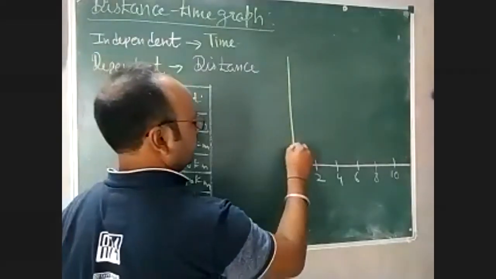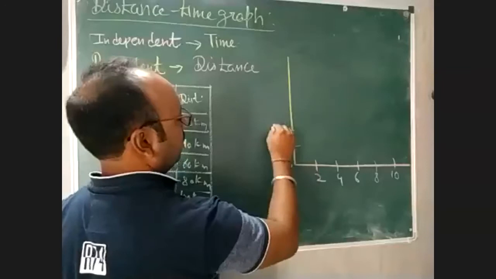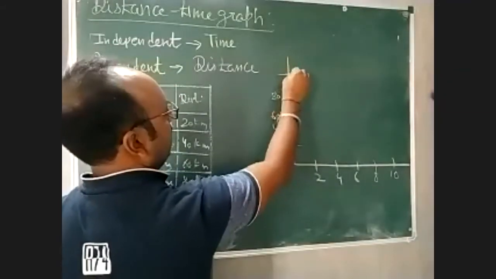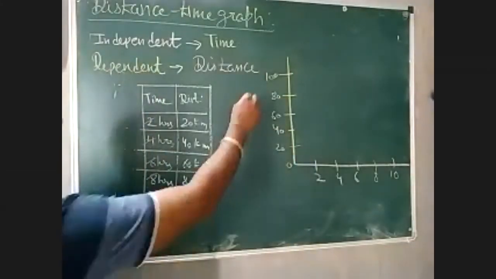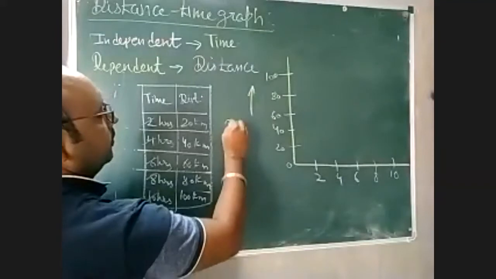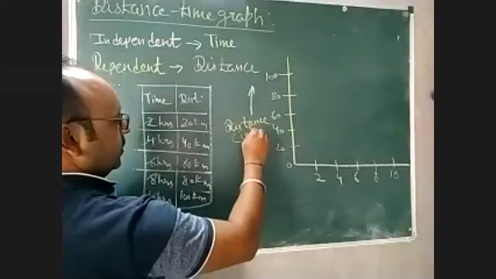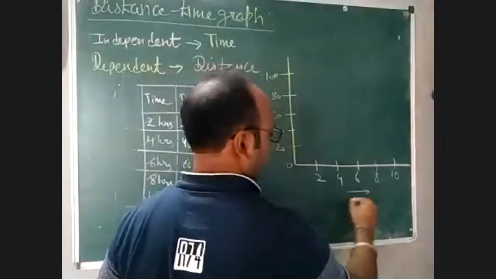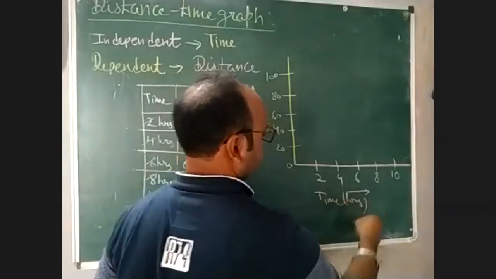So it starts from 0, 20, 40, 60, 80, and 100, right? Here I will mention this is distance, and in brackets you mention kilometers. Here is the time on that side, and this is in hours.